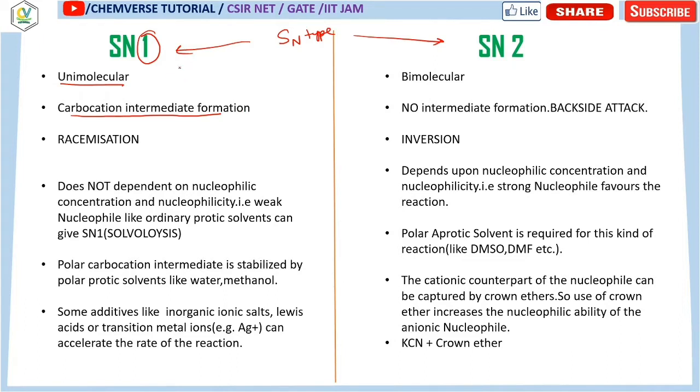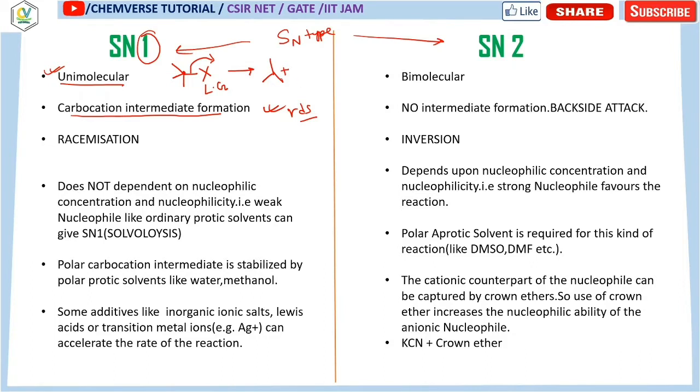Suppose this is an alkyl halide, this X stands for halogen, and the first step is the breaking of this carbon and halogen bond, or the leaving group. So the first step is the breaking of the carbon and leaving group bond, and it will form a carbocation. Carbocation intermediate formation is the first step, and it is the rate determining step. In the rate determining step, no nucleophile is present, so that is why it is a unimolecular reaction.